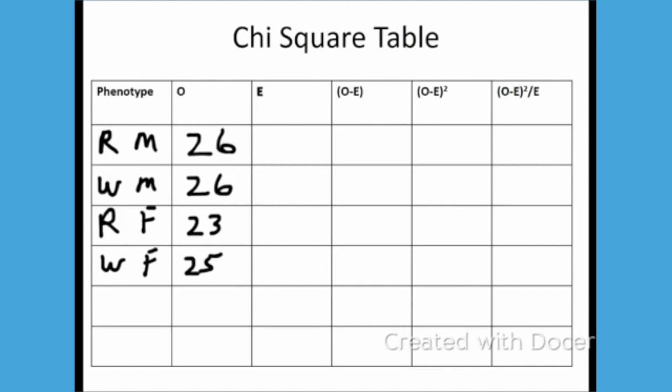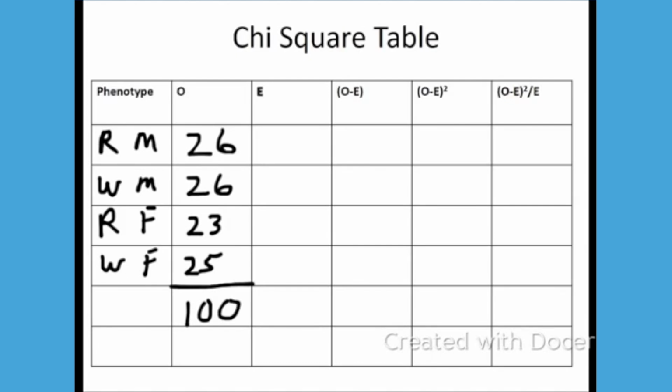So now you may be wondering, how do we get the expected values? Anytime you want to get the expected values, the first thing that you want to do is add up the total number of data, the total of your data set. In this case, the total number of flies that we observed. So if we add up 26, 26, 23, and 25, those add up to be 100.